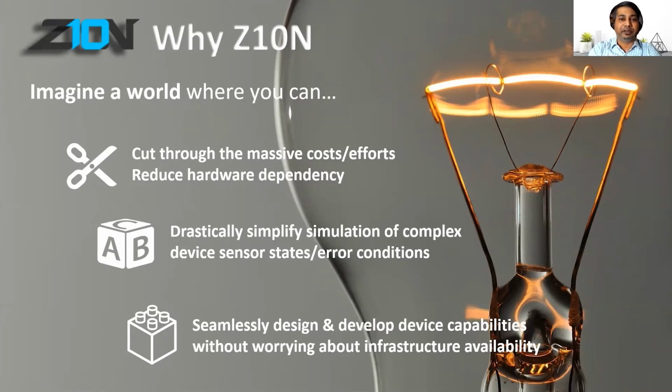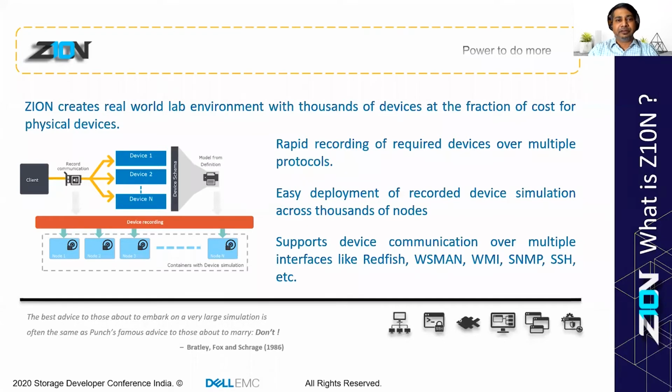As I said, we call it Xeon, so you'll see references to Xeon on pretty much every single slide. As I mentioned in the previous slide, what Xeon allows you to do is create thousands of clones of the physical devices at a fraction of the cost. You could take possibly a Dell PowerEdge R940 server, and just have one in your lab.